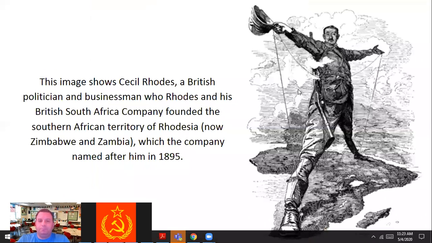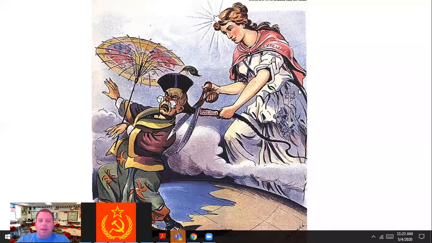All right, so this one here, I think I've showed you this one before too, right? You have civilization sort of cutting away the old native ways. And so you have this Japanese man here who's having his traditional headdress, his hair, his ponytail being cut off by the woman here who represents civilization.